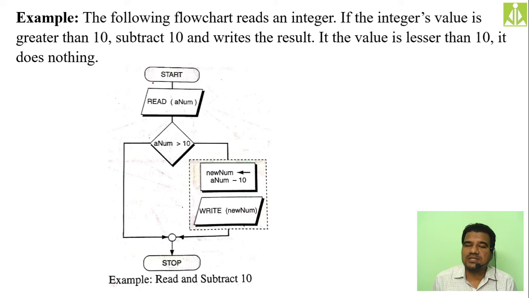And if the value is greater than 10, it will subtract the same 10 from that number, and whatever result you get, it will print. And if the value is lesser than 10, it does nothing. This is very, very important. It does nothing.